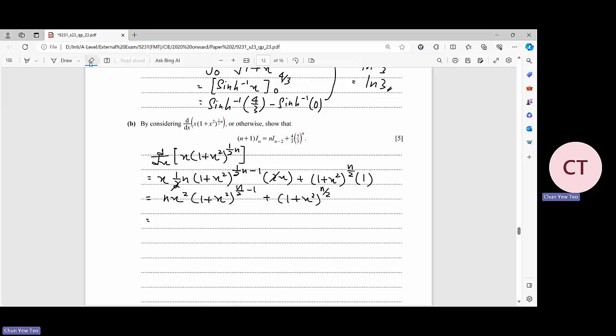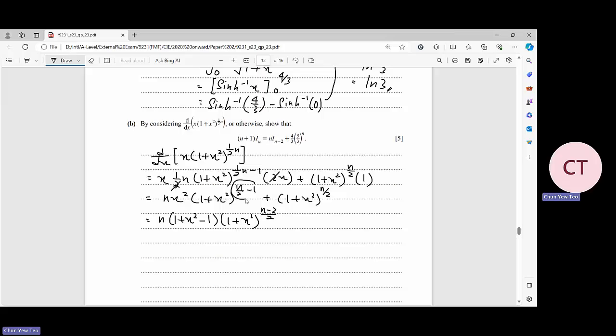So what you need to do now is, the trick is you change x squared to become 1 plus x squared minus 1. Then this one will be (1 plus x squared) to the power of (n minus 2) over 2.